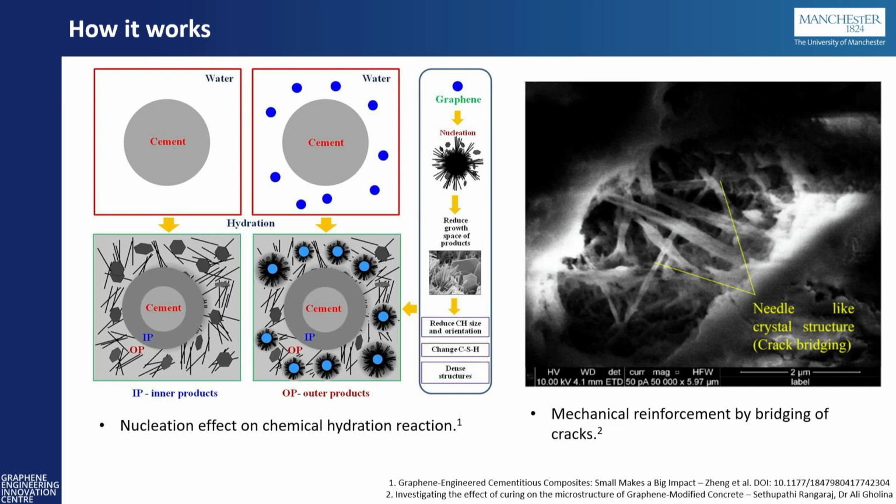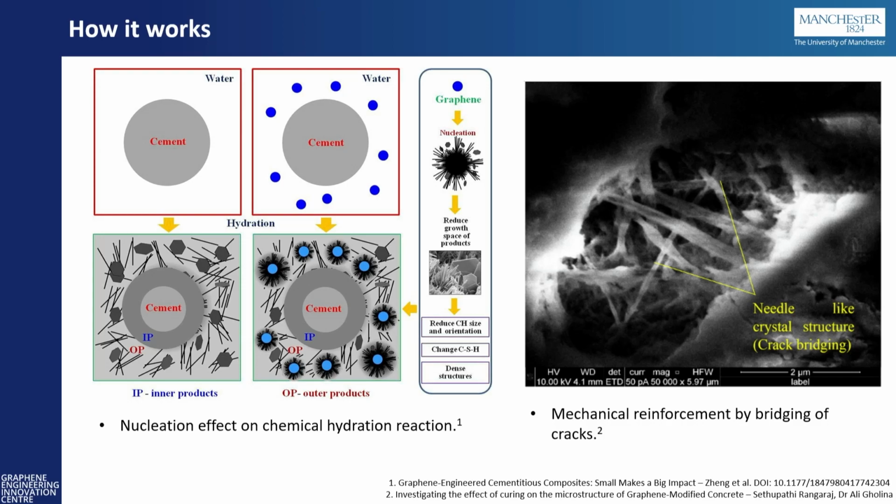So it acts as a nucleator. It's a nucleation effect, but it's also very, very strong. So what you get is mechanical reinforcement, as if you were putting in thousands of tiny fibers of fiberglass, polymers, basalt, whatever you want to put in it. It's the same principle for the mechanical reinforcement, but it also directly affects the microstructure of your cement and your concrete.